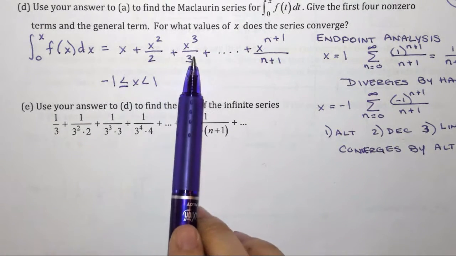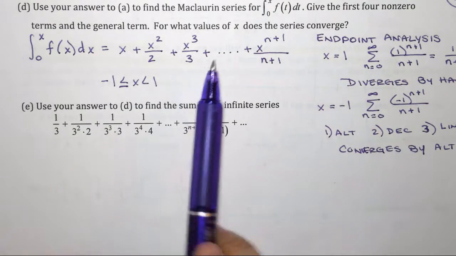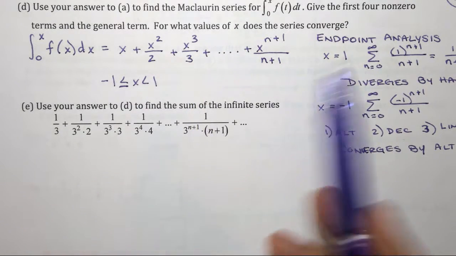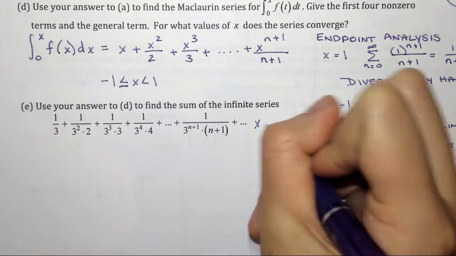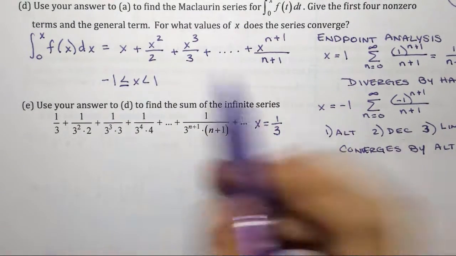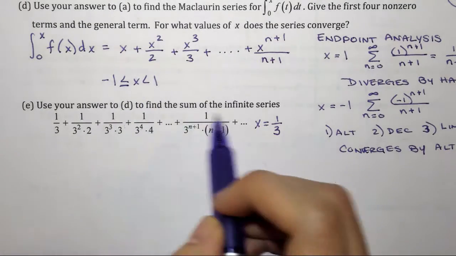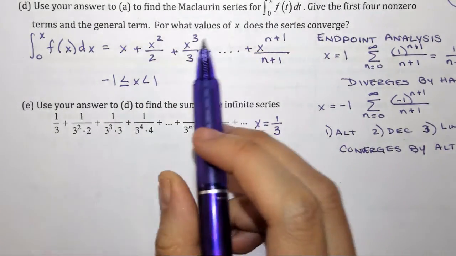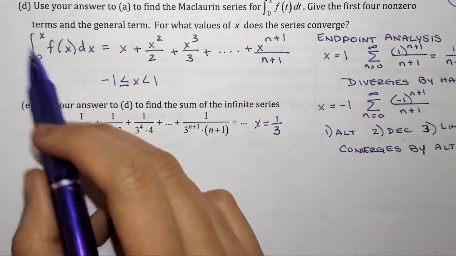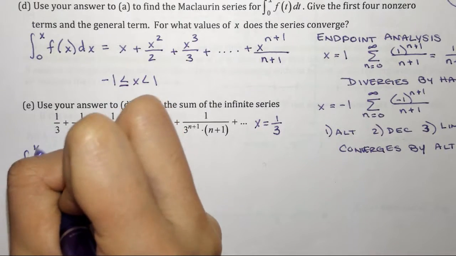How do I get from x cubed to 1 over 3 cubed times 3? Well, this happens, again, when x equals 1/3. Well, if x equals 1/3 and these two series are equivalent to each other, then I can say that this will equal this will equal this if x is 1/3.